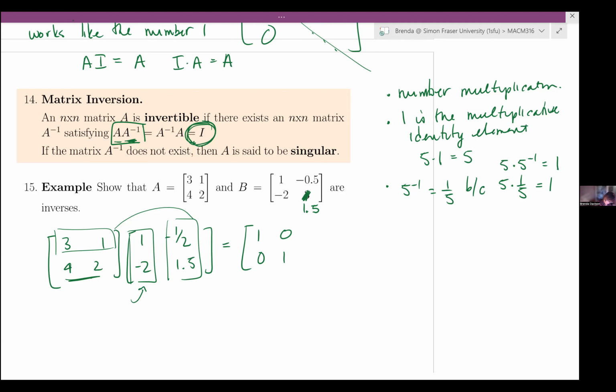And the last one comes out to be 1 as well. That's I. So indeed A and B are inverses.